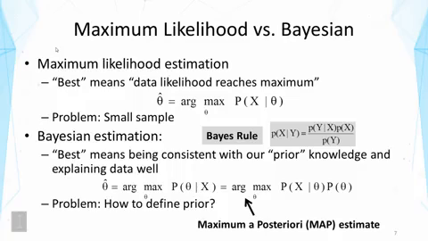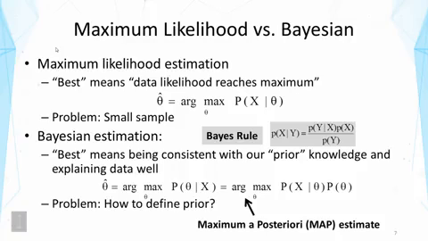So the value of argmax is not the value of this function, but rather the argument that has made the function reach its maximum. So in this case, the value of argmax is theta. It's the theta that makes the probability of x given theta reach its maximum.